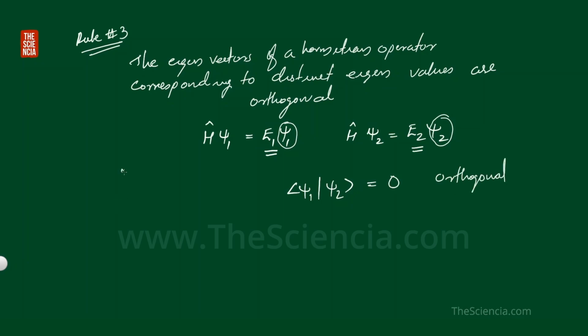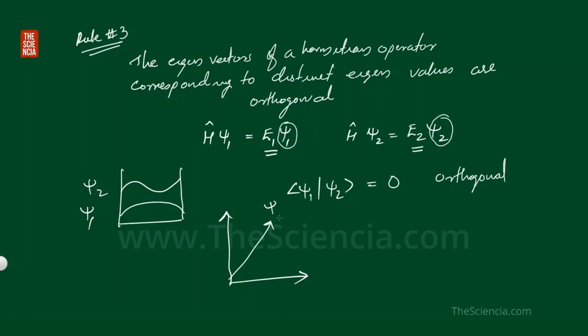That means, earlier we discussed the 1D box, right? So if we take the ground state wave function psi 1 and the first excited state psi 2, we represent these two vectors in a Hilbert space. In Hilbert space, this is psi 1 and this is psi 2. These vectors represent the state of a particle in a 1D box.